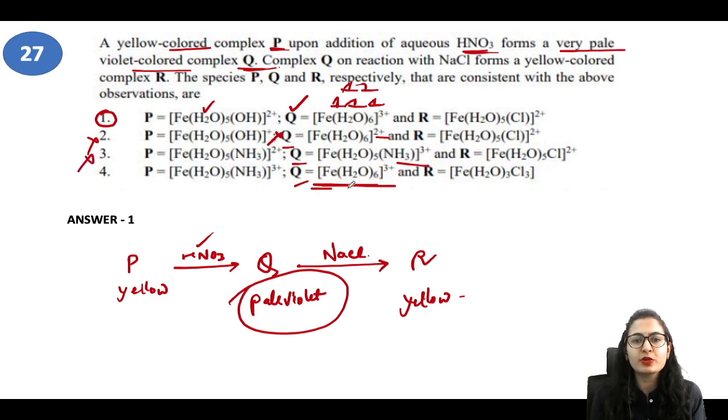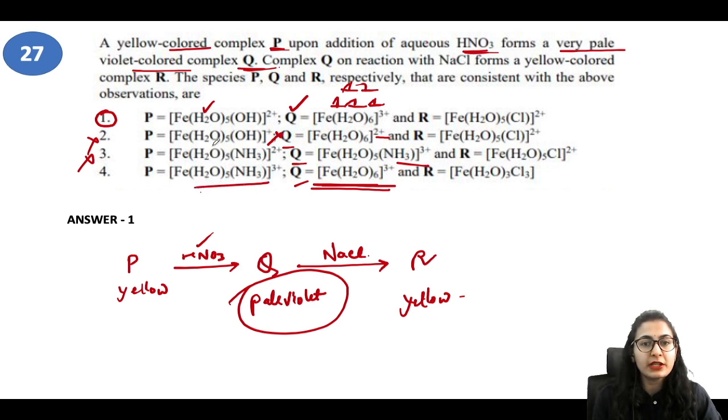I have the same option in 4. We'll check that as well. Now, it should also be yellow colored. So I doubt that ammonia complex is going to be yellow colored, but still let's move onwards and check the other information. If I'm adding NaCl, it is going to give us a yellow complex. Now, what is possible?